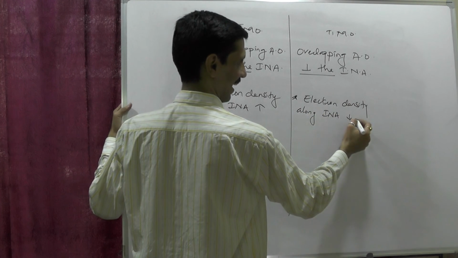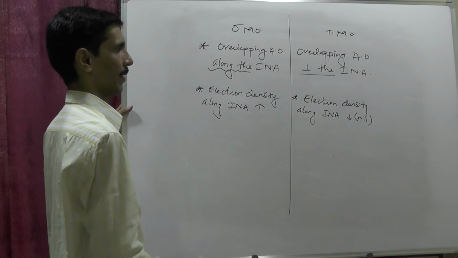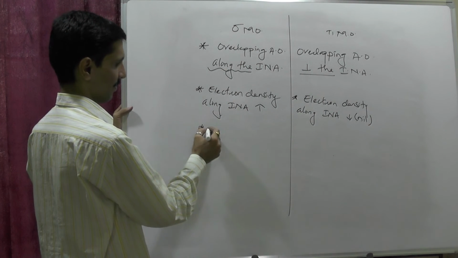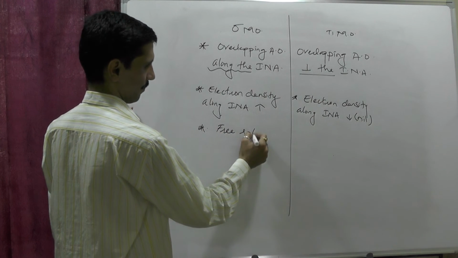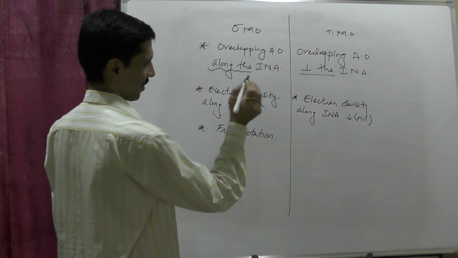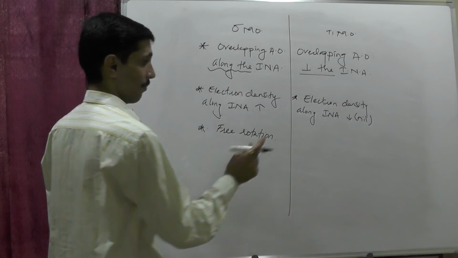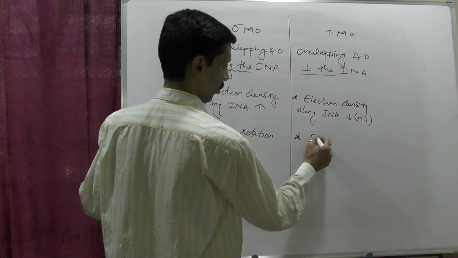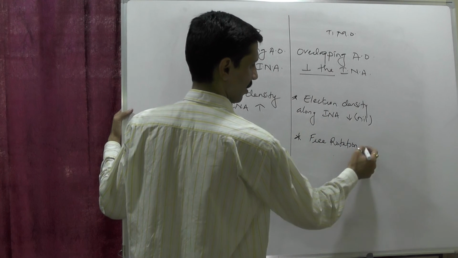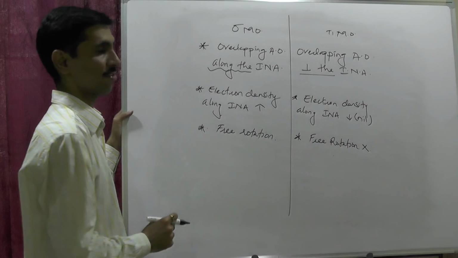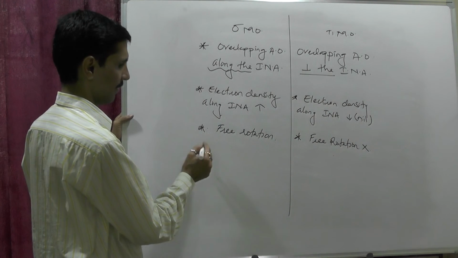There is free rotation when you consider sigma molecular orbitals, but free rotation is not possible in pi. There is some sort of rigidity as far as rotation is concerned in pi molecular orbitals.